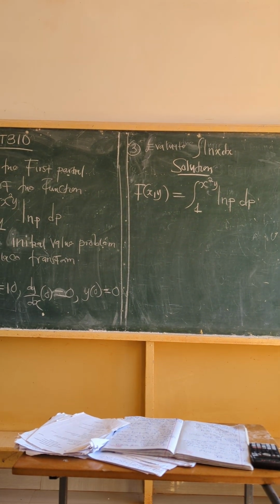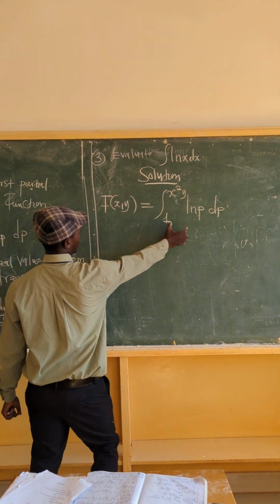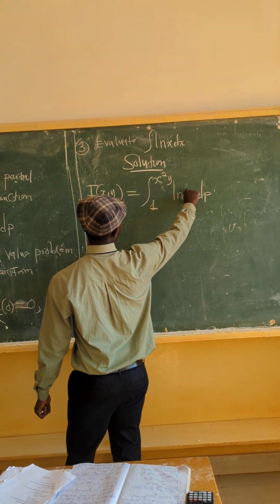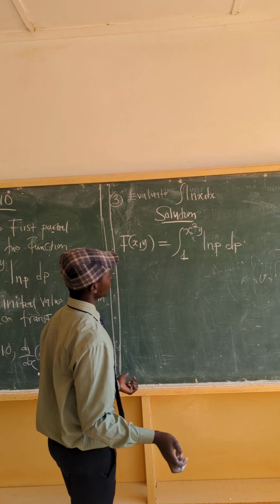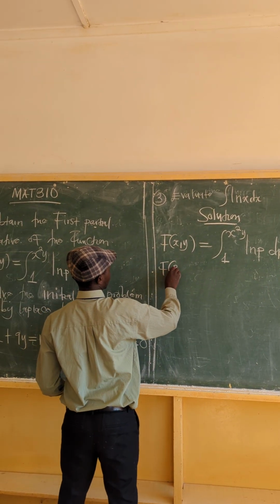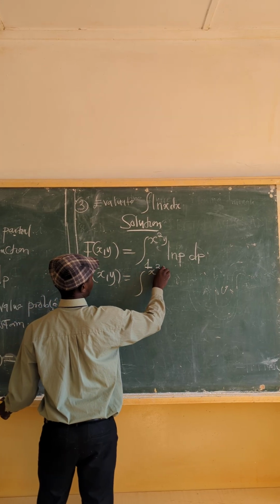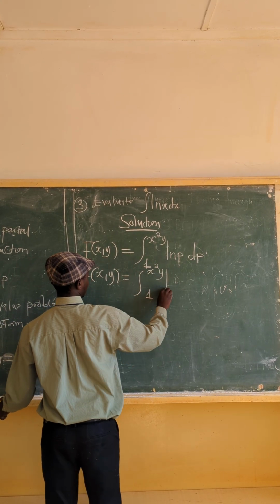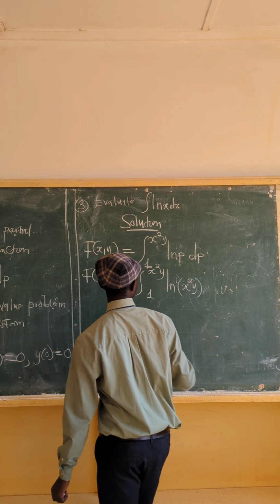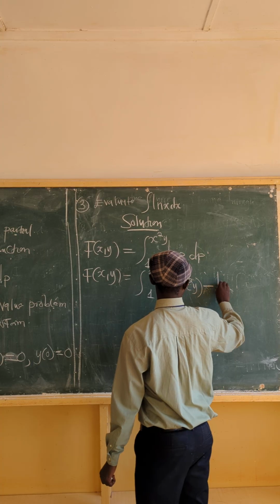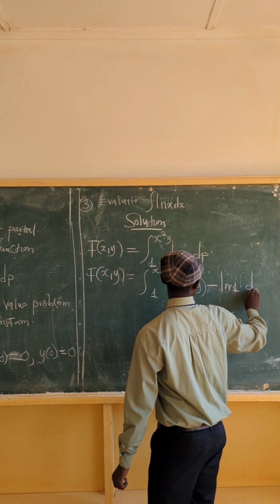What we are going to do, ladies and gentlemen, is change this. Where there is p, we substitute the limits, so I'll make it like this so that you understand: x squared y, then x squared y minus 1, then everything dp.